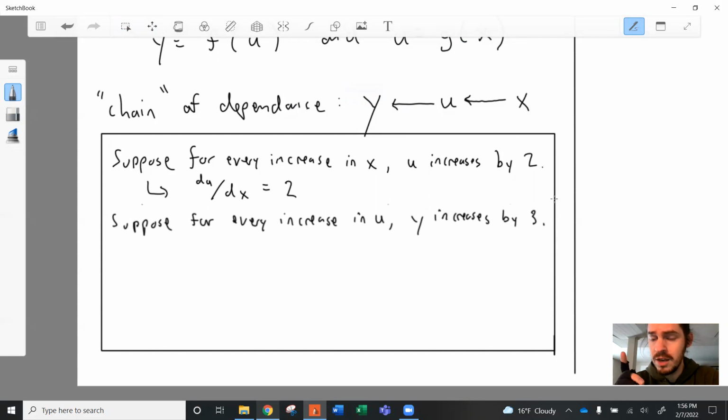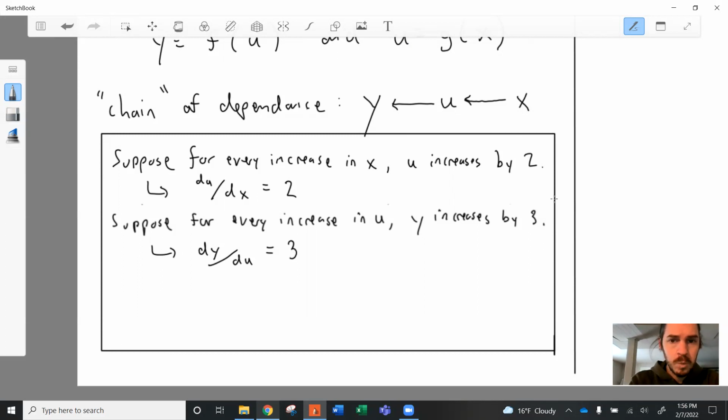Two increases in u for every increase in x. And the second piece of information is telling us that for every increase in u, y is increasing by 3. That's the rate of change in y with respect to u. That's equal to 3. That's what those two pieces of information are giving us.